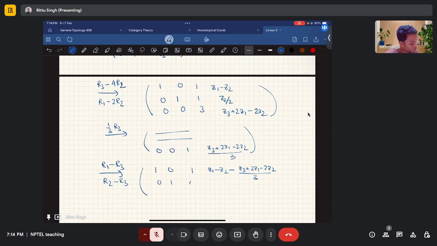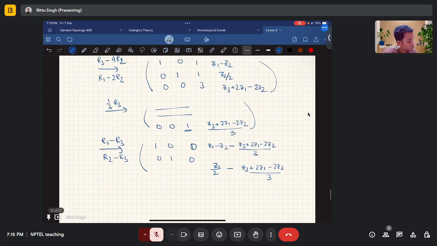Similarly, 0, 1, 0: once 1 is subtracted, this becomes 0. Now from Z2 by 2 we are subtracting Z3 plus 2Z1 minus 2Z2 by 3. And 0, 0, 1 remains.